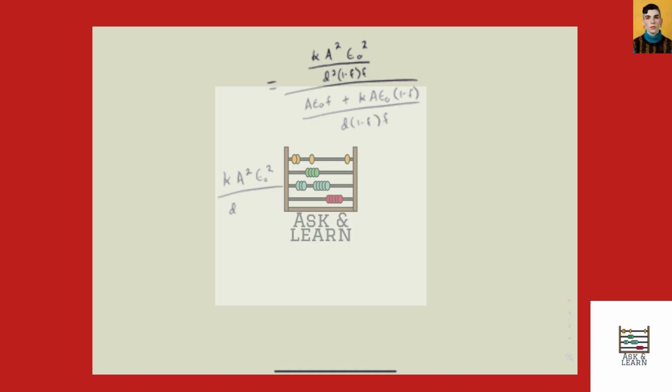This is the numerator of the whole thing, and then we'll multiply that by the reciprocal of the denominator.